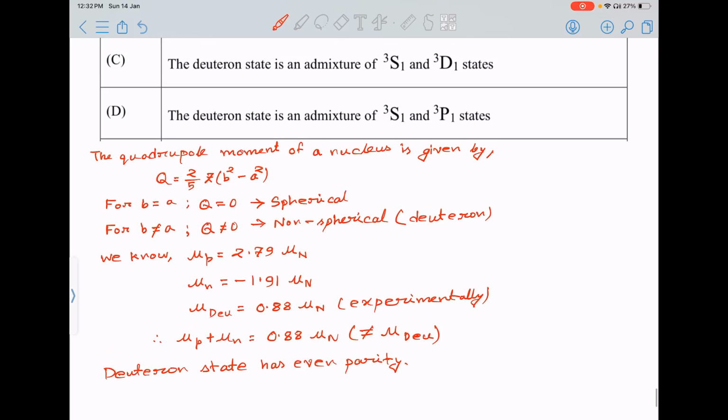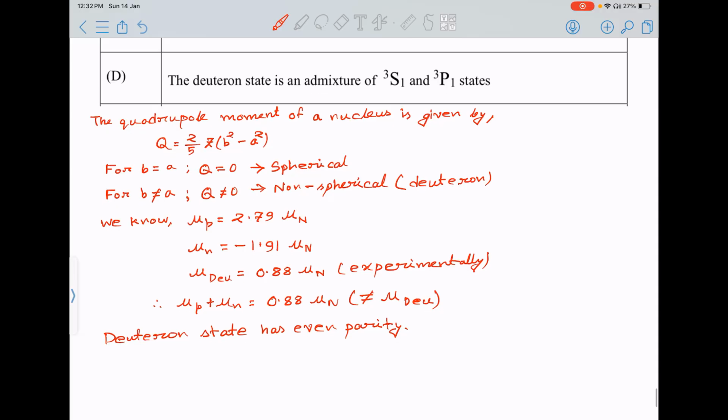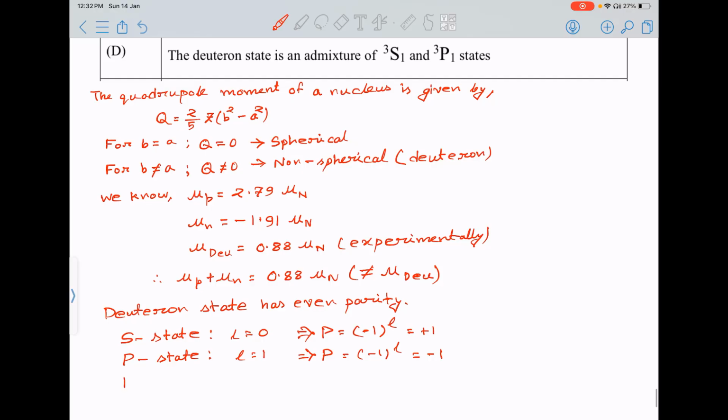Now for an S state, L equals 0, so the parity equals minus 1 power L, which is plus 1. For a P state, L equals 1, so the parity equals minus 1 power L, which is minus 1. And for a D state, L equals 2, which gives parity as plus 1.